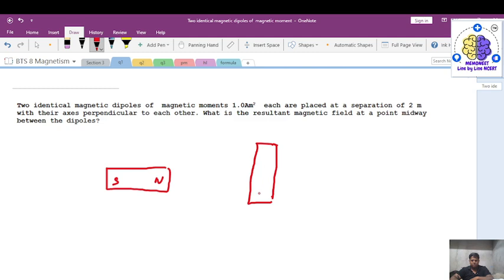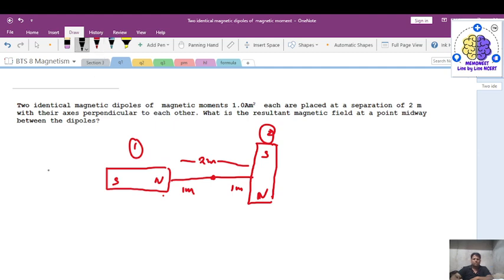So this is north and this is south, and the separation between them is 2 meters, and we have to find the resultant magnetic field at the point midway. We have to find the resultant magnetic field at this point. It means from this magnet this distance will be taken as 1 meter, and from this magnet it will be taken as 1 meter. So let this be magnet 1 and let this be magnet 2, right? Magnet 1 and magnet 2.